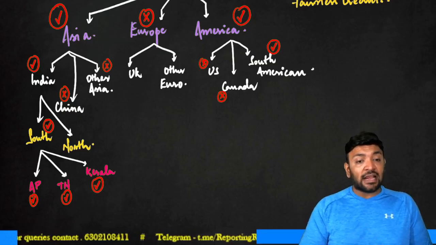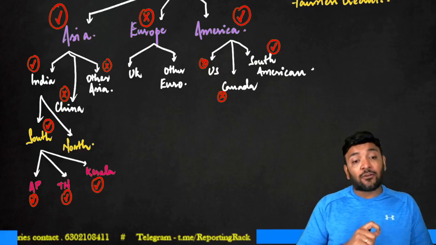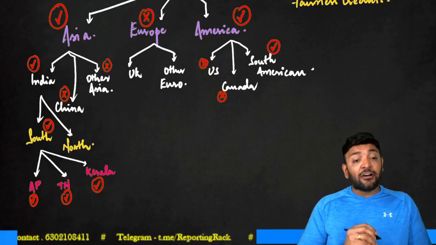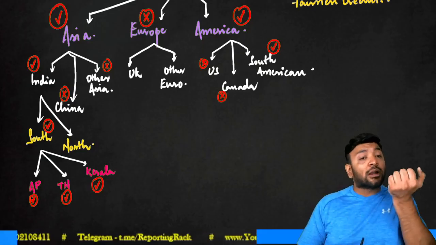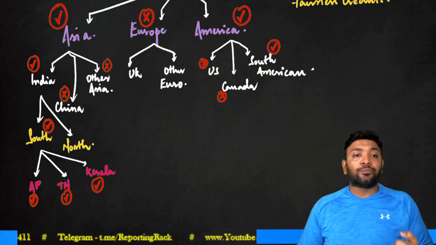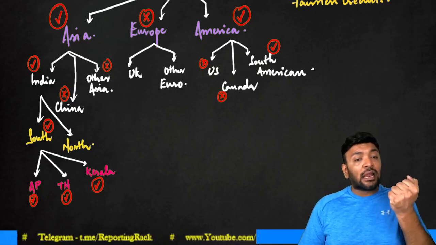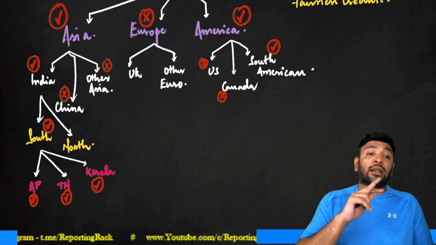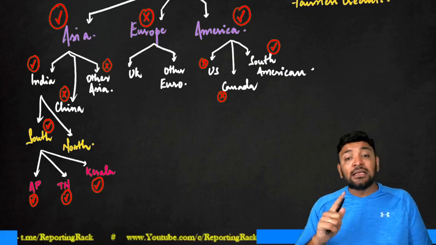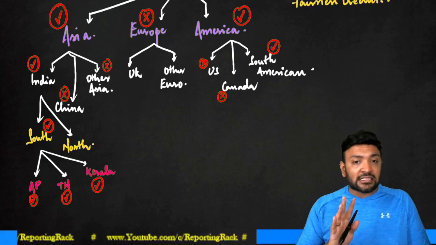So in this way, when I start allocating goodwill, I will start from the bottom. I'll first allocate goodwill to AP, Tamil Nadu, Kerala. Then you will identify the total goodwill allocated to South. Once you identify total goodwill allocated to South, then you can identify the total amount of goodwill allocated to India and Asia as well. Similarly, even to Southern American countries as well.